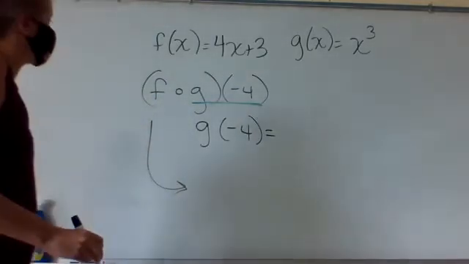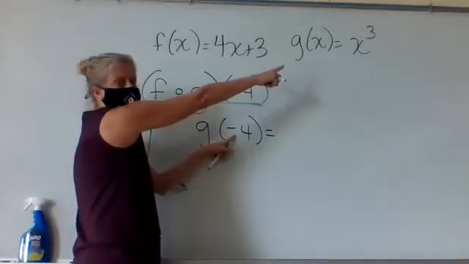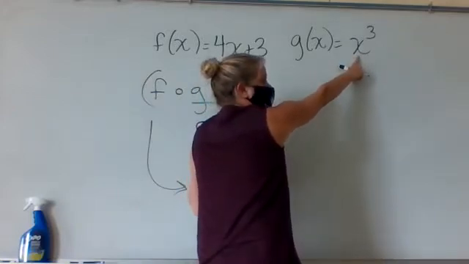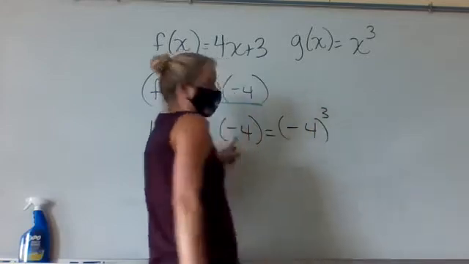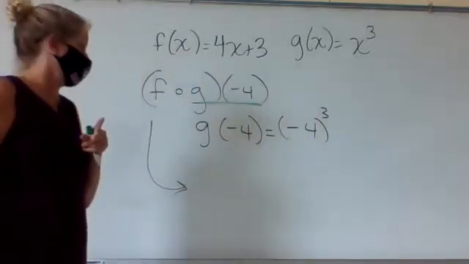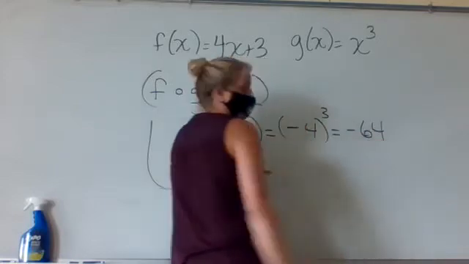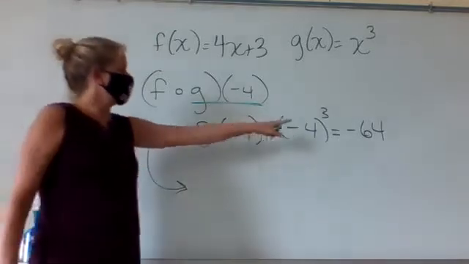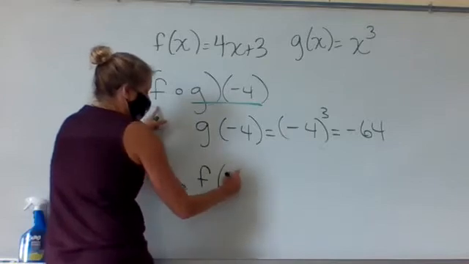So find the inside first. So I'm going to my g function and replacing its x with negative 4, which will give me negative 4 to the third power. Negative 4 to the third power is negative 64.